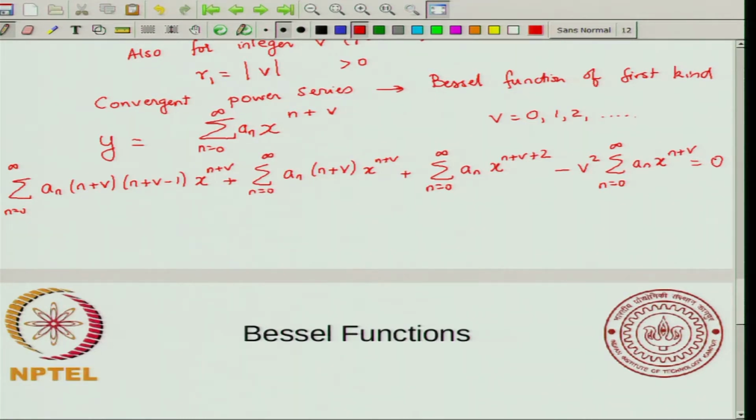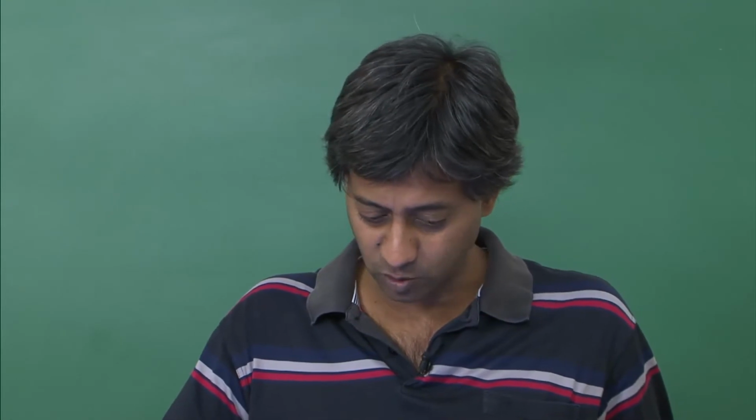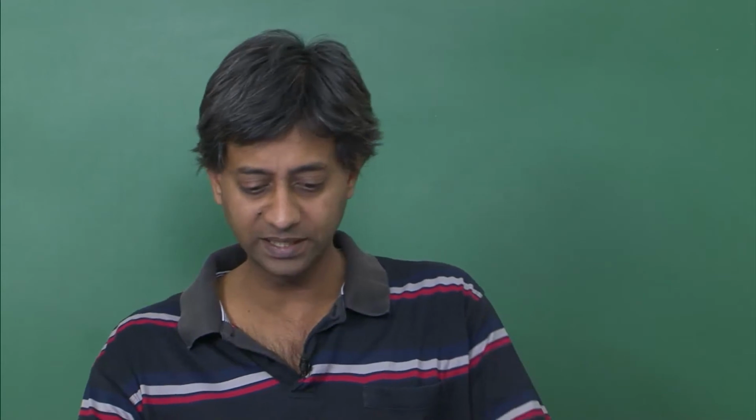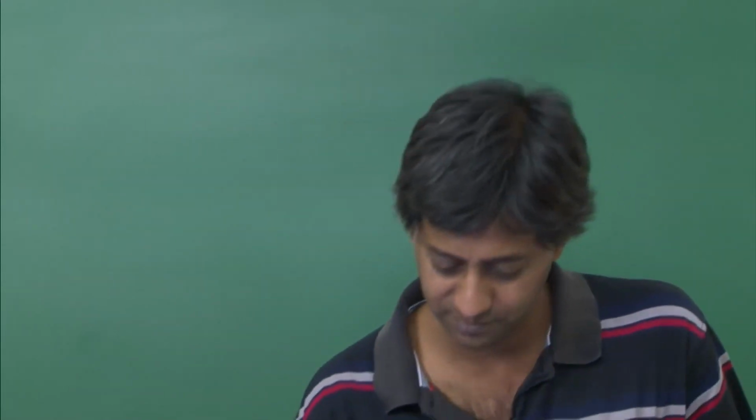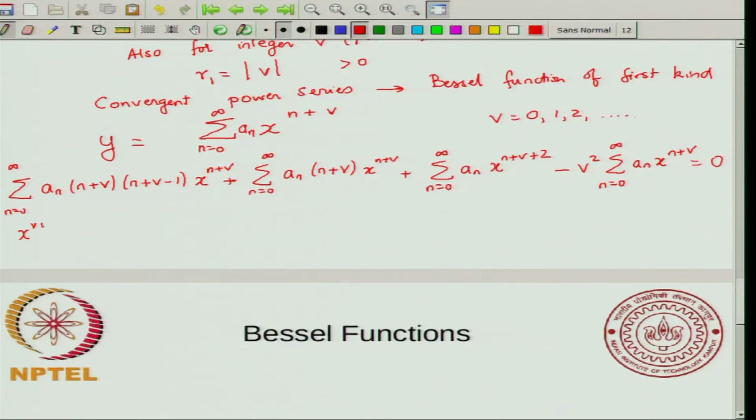The first thing is we already saw the coefficient of x raised to v. Now suppose we look at the coefficient of x raised to v plus 1. In this case, if you want v plus 1, then n has to be equal to 1.